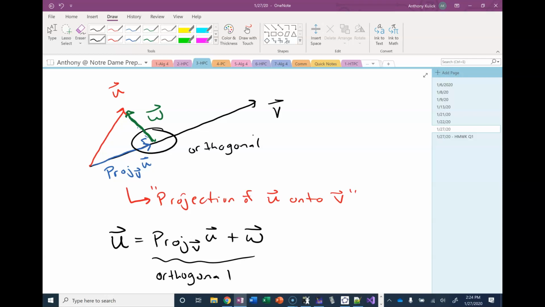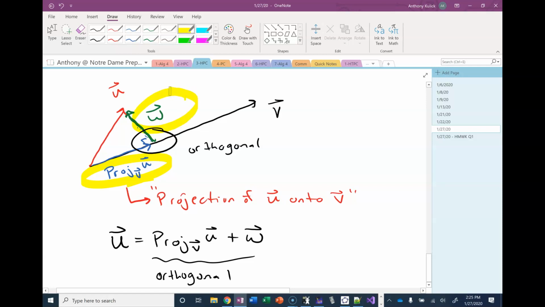So the idea here is I have vector U. I want to rewrite vector U as the sum of two orthogonal vectors. One of those vectors I want to be in the same direction as this vector V. The way I do that is I'm going to project vector U onto vector V. That's this.